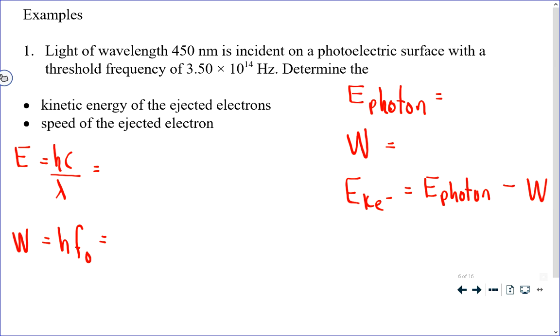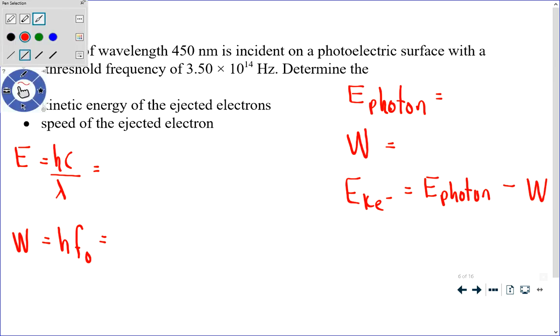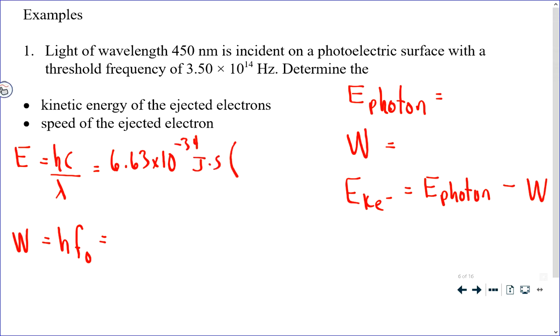So how can we calculate the energy of the photon in joules? I guess we're just going to use the formula E equals hc over lambda, where h is 6.63 multiplied by 10 to the negative 34, and it has units of joule seconds. The speed of light, of course, is 3 times 10 to the 8 meters per second. And then we have to divide that by the wavelength in meters, which would be 450 multiplied by 10 to the negative 9 meters.